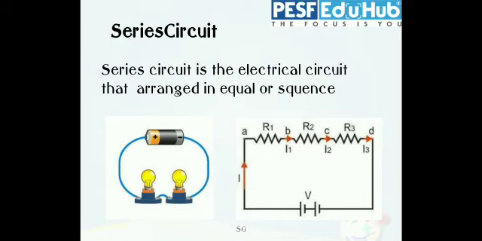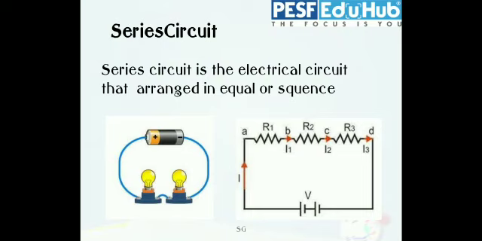So the current flows through A, then R1 through B, R2 through C, and R3 through D, and it ends at the battery. You just check in this circuit the current I has only one path to flow. Means that the current flowing through R1 is similar to the current flowing through R2, and the similar current will flow through the resistance R3.